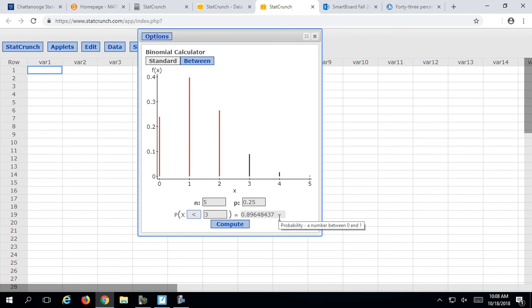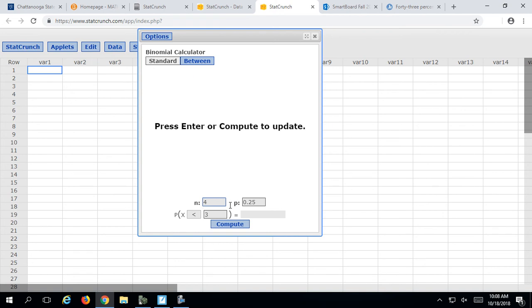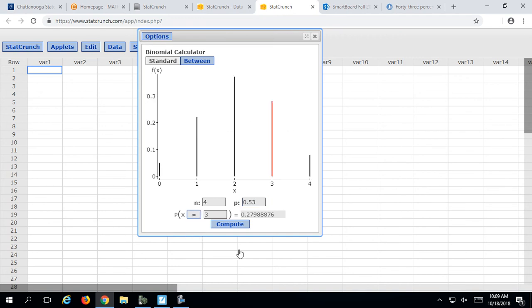Let's do the problem we just did with the 3 girls out of 4. So there were 4 children. The probability of getting a girl was 0.53. We want to know the probability of getting exactly 3 girls. So 0.2799.